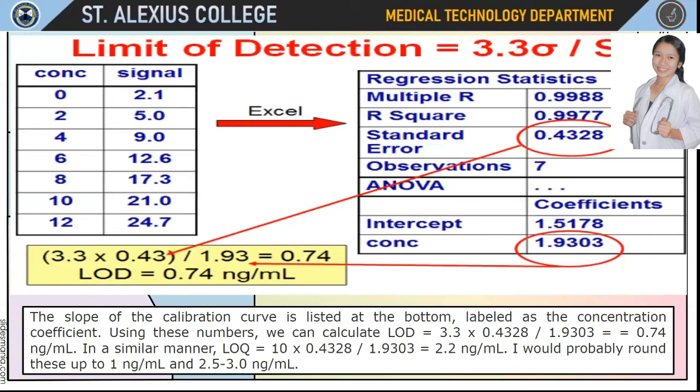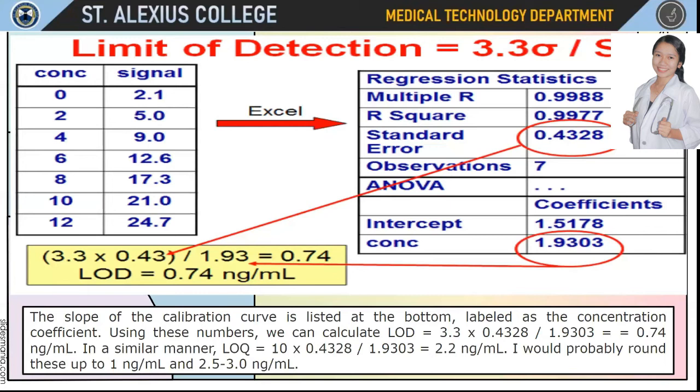Here, lowercase sigma is the standard deviation of the response, and S is the slope of the calibration curve. S is estimated from the slope of the calibration curve for the analyte. Lowercase sigma can be determined in one of 2 ways, based on the standard deviation of the blank, where blank samples are run and the standard deviation is determined. This is equivalent to the standard deviation of the noise.